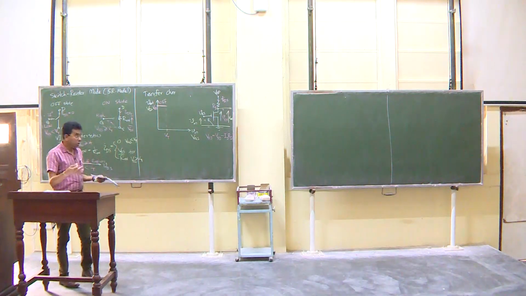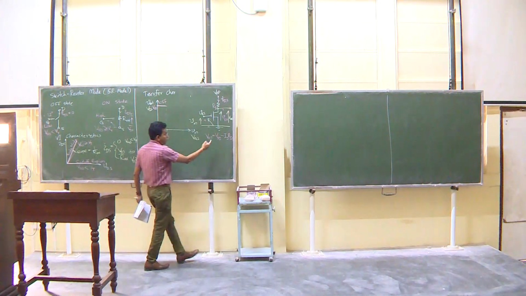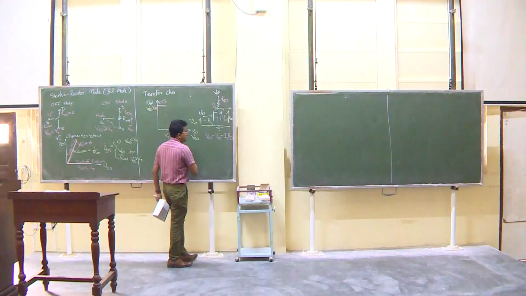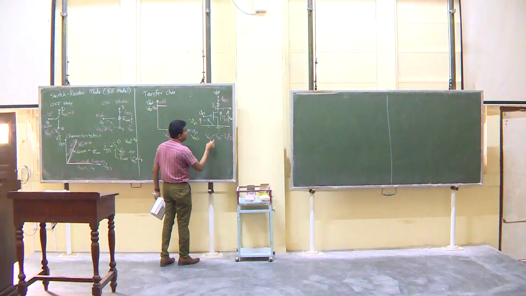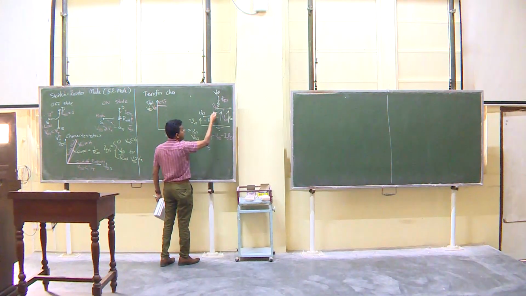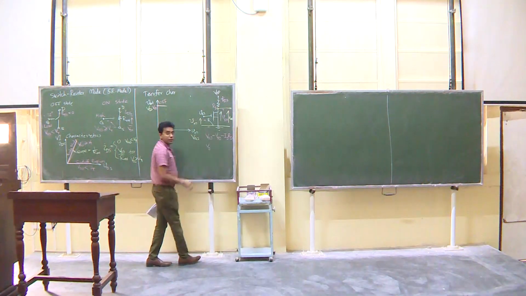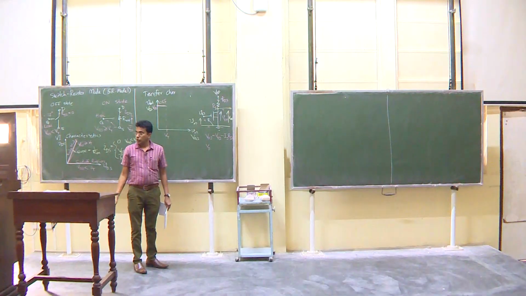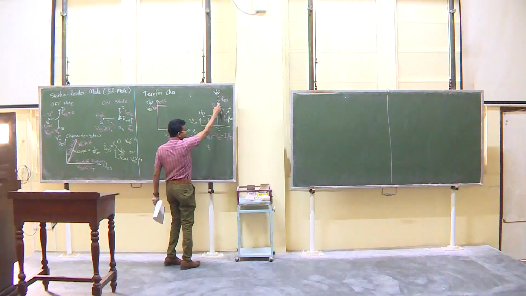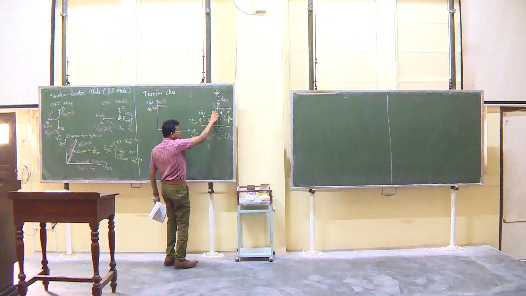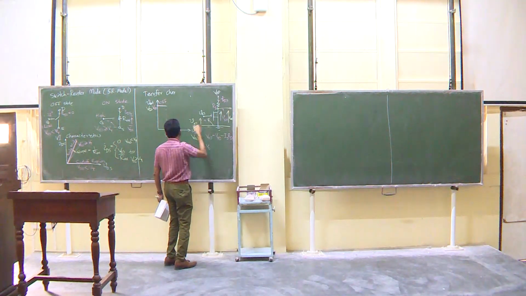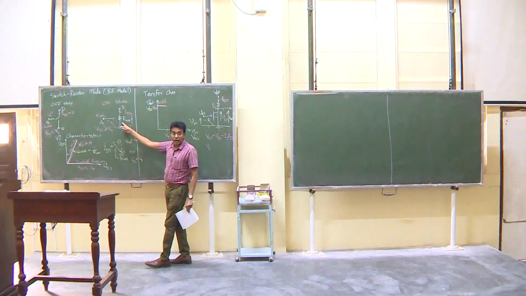Right, when it is on, ID we do not know, but we know that VDS, instead of the transistor you have a resistor here, R on. So, therefore, what you have here is simply a voltage divider, correct. Instead of this transistor, we replace it with this model, so you have a resistor there.